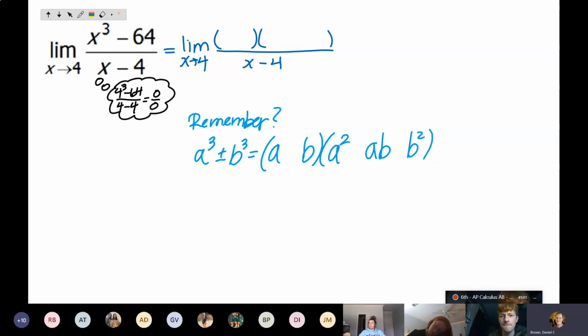And there's the SOAP factoring pattern if you need a reminder of it.